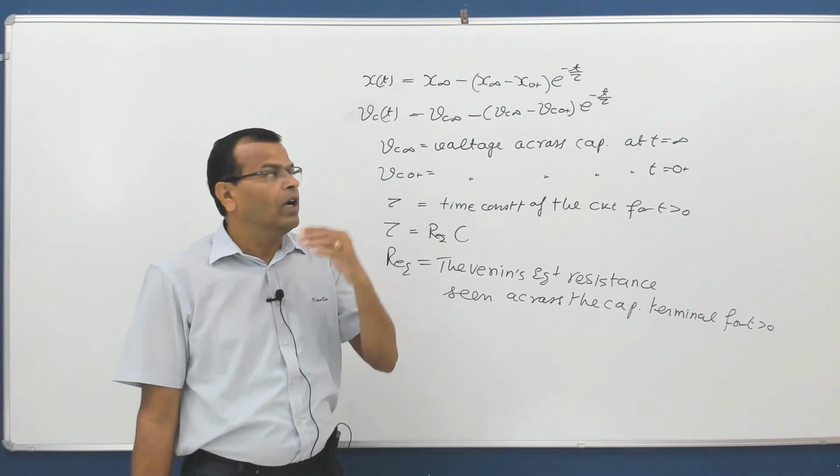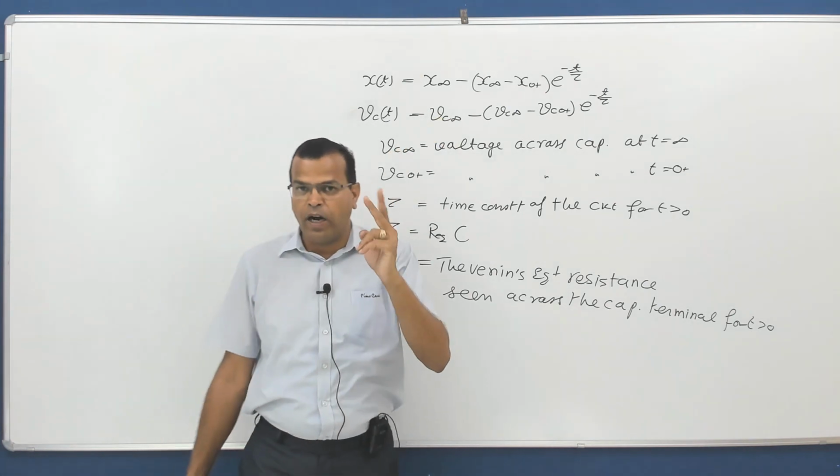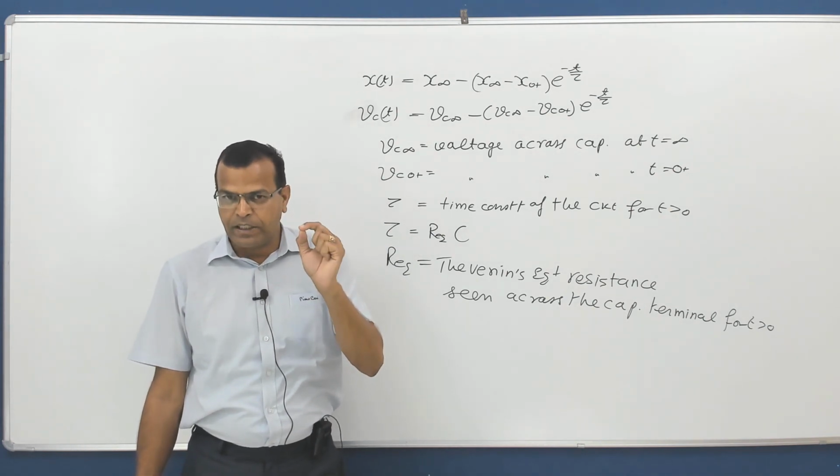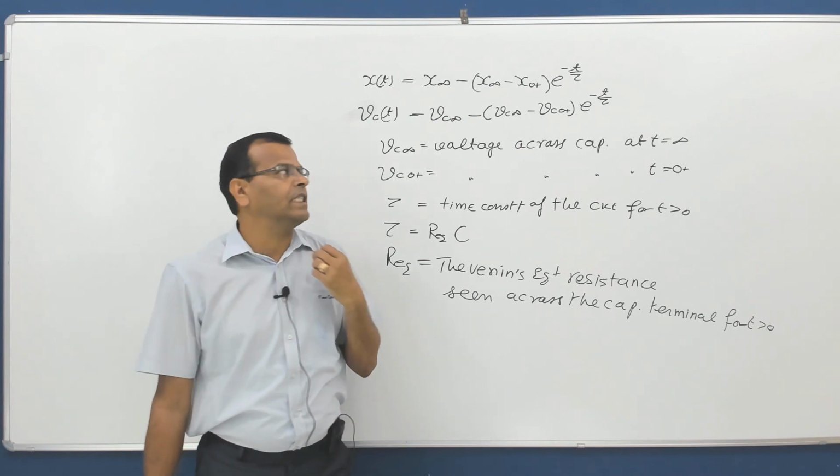The conditions for finding this transient response are a DC source, a switch, a capacitor and a number of resistors.